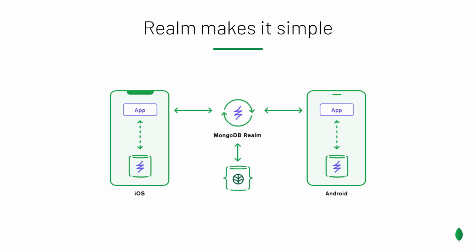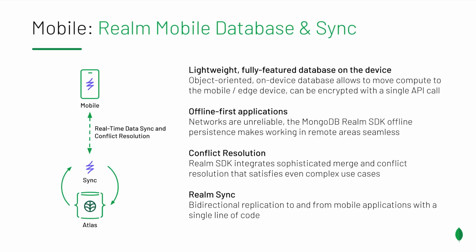And so with this, we have Realm Sync. There is kind of two pieces of this. There's the mobile side, which allows you to store data locally on the hard drive. You can query it, you can mutate it, and it's an object-oriented database, so it naturally integrates with the way that mobile developers think and program.